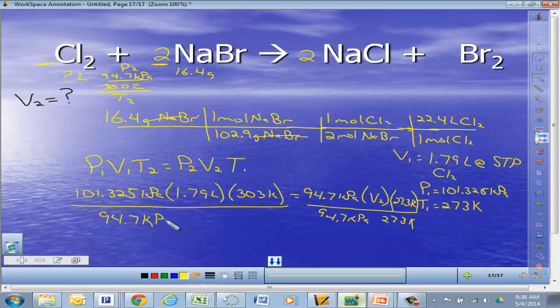Notice my kPa's cancel, divided by 273 Kelvin, notice my Kelvins cancel. And what I will end up with for an answer, my volume 2, is going to be equal to 2.13 liters at conditions of 94.7 kPa, 30 degrees Celsius.